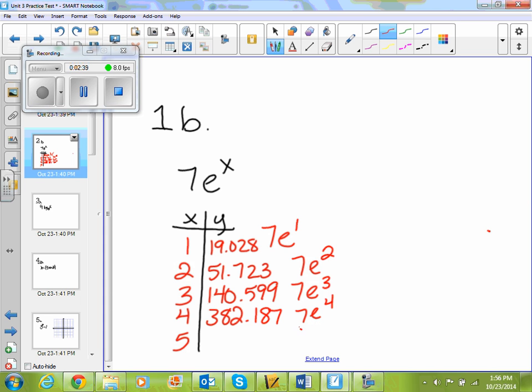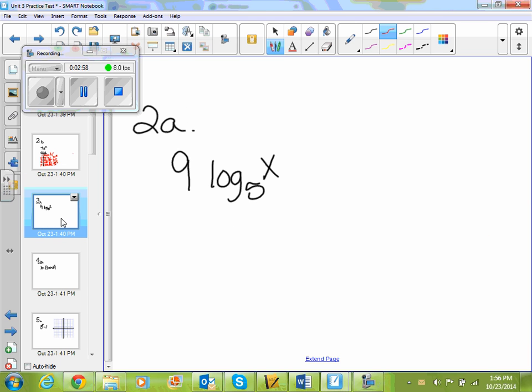And lastly, 7e to the fifth gives me 1038.892. So those should have been the values you got for 1A and 1B. So if you just plug those into your calculators.